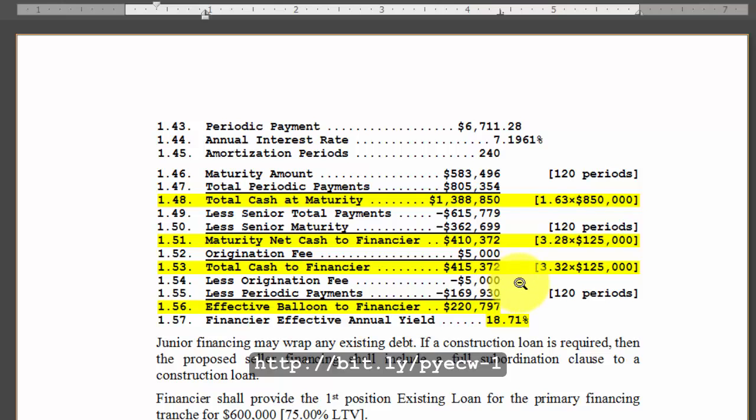We subtract the origination fee that he got at closing, subtract the periodic payments that he received, so his effective balloon after 10 years is $220,797. His annual effective yield on his $125,000 investment is 18.71%. This is a strong incentive to a private financier to accept his investment position as a non-voting preferred equity member.